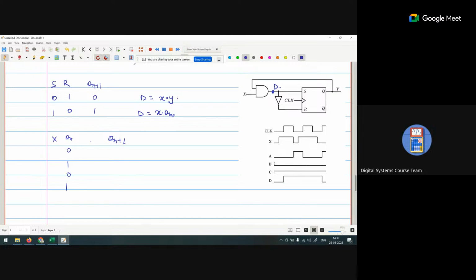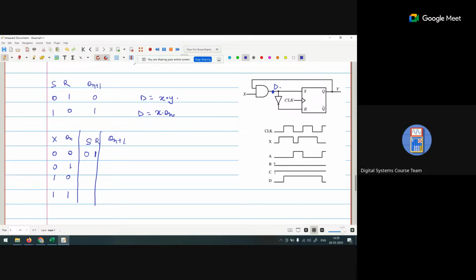We require only X. When X is 0 and Qn is 0, what we are getting as S is 0, so R is 1.